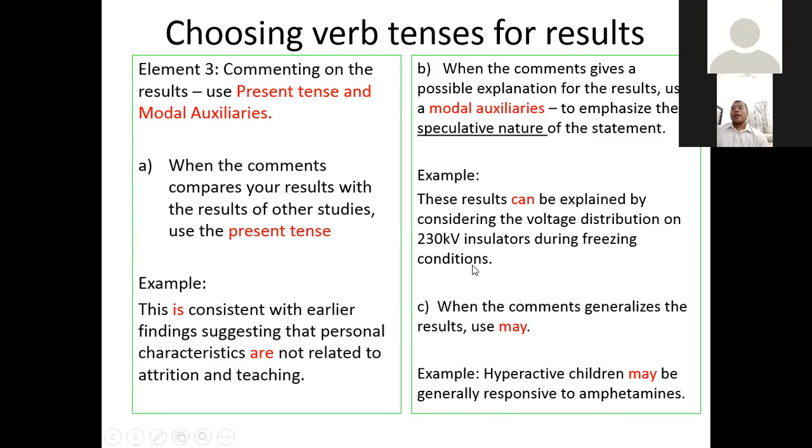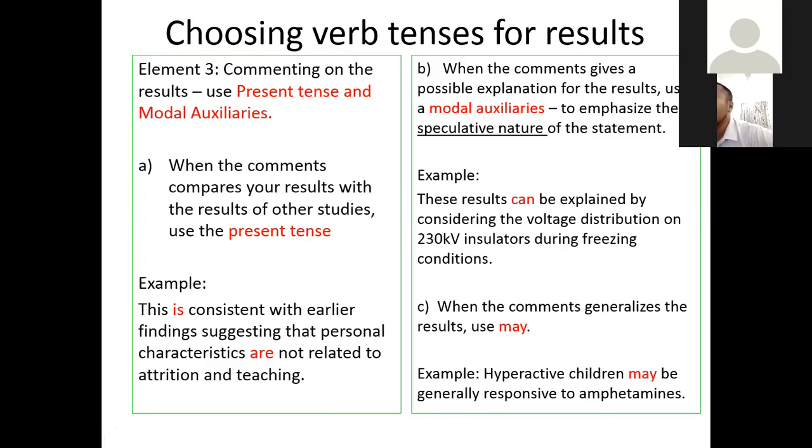Okay. Another method to be on the safe side, you can explain using modal auxiliaries. When you explain with modal auxiliaries, you have to use can, may, could, should, right?